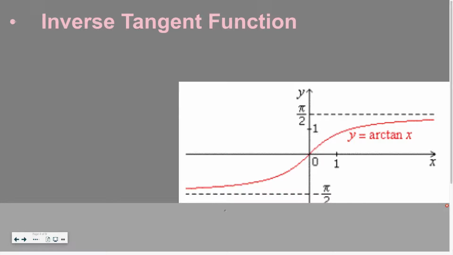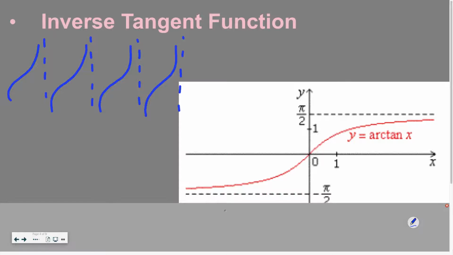So the tangent graph actually looks like this, over and over and over again. But for our inverse, we can only have one of those swooshes. Otherwise, we wouldn't have a function. I'll teach you how to graph those in a week and a half.